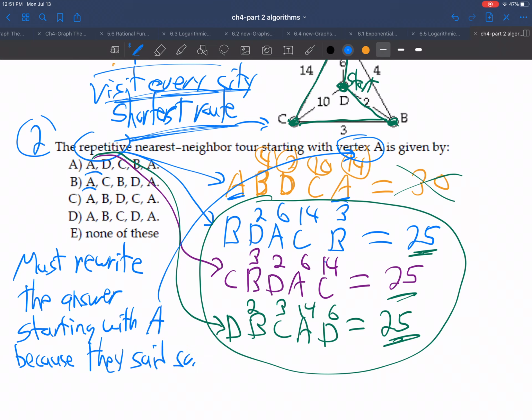See how all these answers start with A, and they said right here, starting with A. What confuses people who do not understand this is they just answer with this first orange answer because they go, well, it's got to start with A. It says right there it starts with A. They don't pay attention to this word. Repetitive means you've got to do them all and then rewrite.